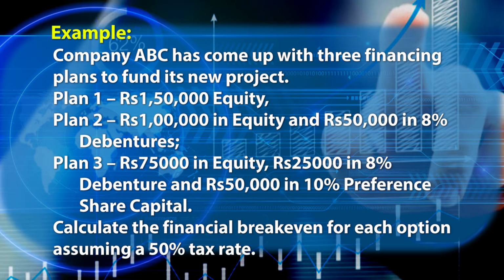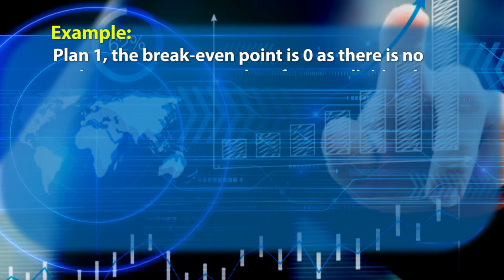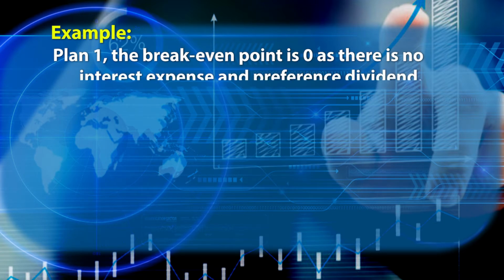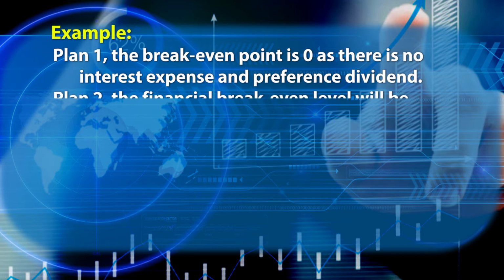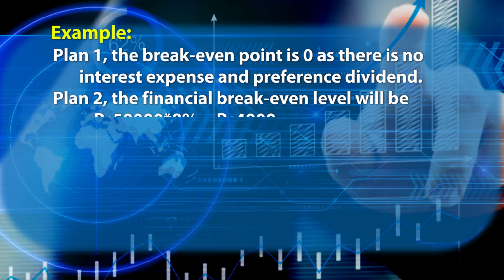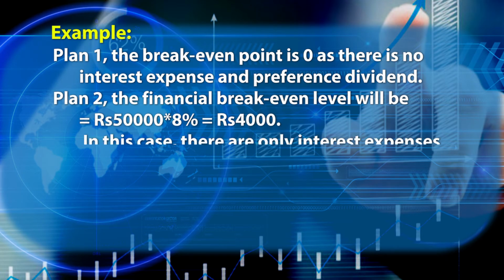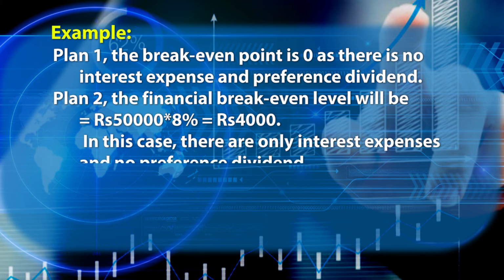Calculate the financial break-even for each option assuming a 50% tax rate. For Plan 1, the break-even point is 0 as there is no interest expenses and preference dividend. In Plan 2, the financial break-even level will be equal to rupees 50,000 into 8%, which is equal to rupees 4,000. In this case, there are only interest expenses and no preference dividend.